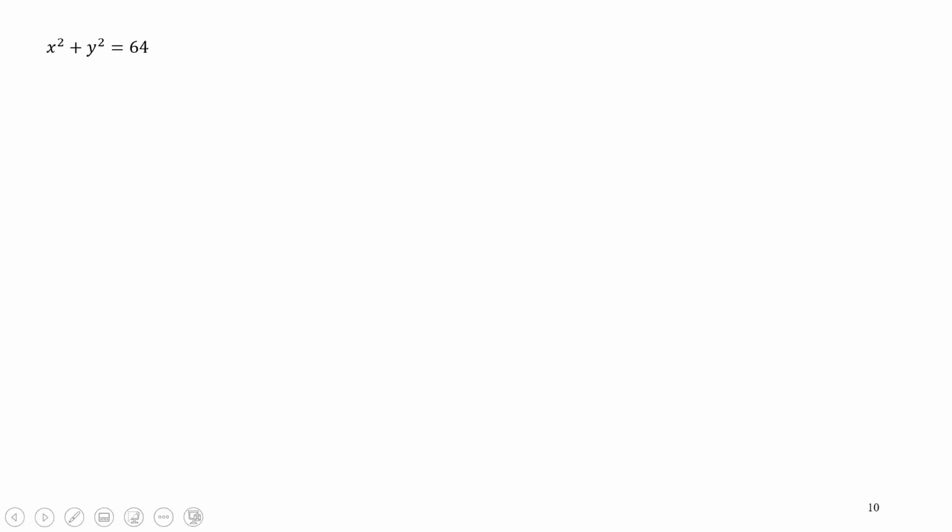For the next one, we are looking at x squared plus y squared equaling 64. Like we used in the last one, x is equal to r cosine theta, and y is equal to r sine theta.